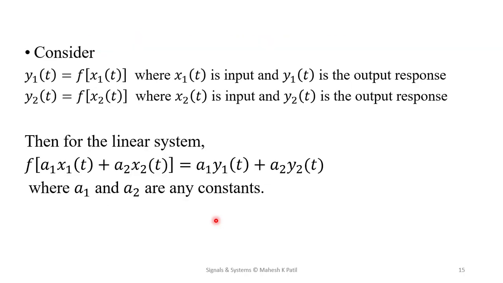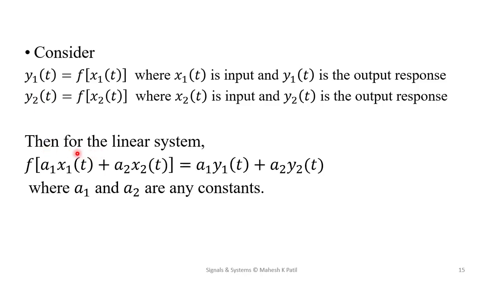So the same can be written mathematically as y1 of t equal to function of x1 of t, meaning x1 of t is the input and y1 of t is the output. Similarly y2 of t is equal to f of x2 of t, meaning x2 of t is the input and y2 of t is the output.